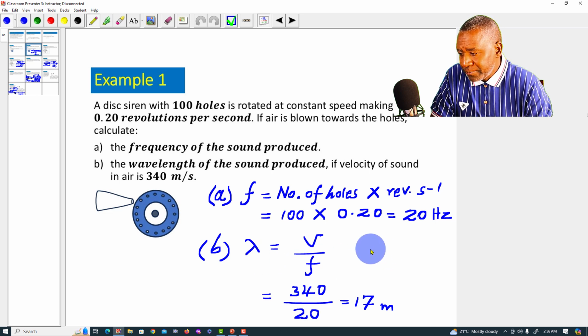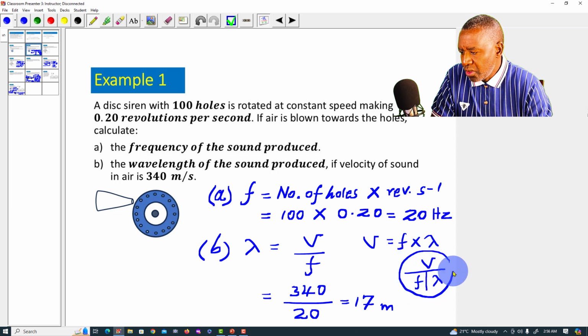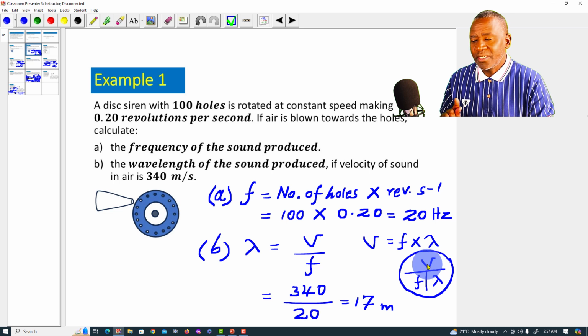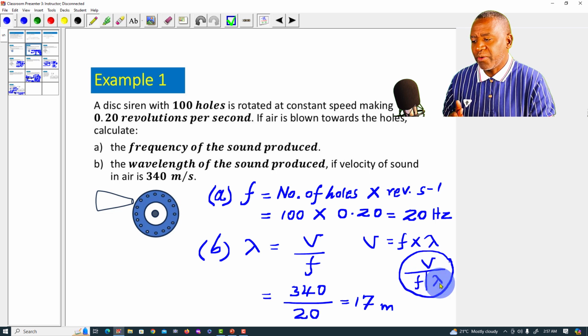If we make speed equal to frequency times wavelength, we can just draw this triangle here. We can have frequency there, wavelength, put this in some form of a circle, so that when we want the speed, we just cover the speed with your hand, so that below there you can see that it is frequency times wavelength.